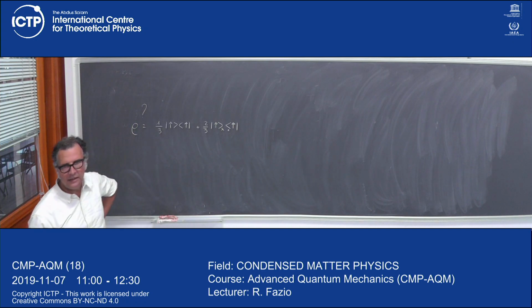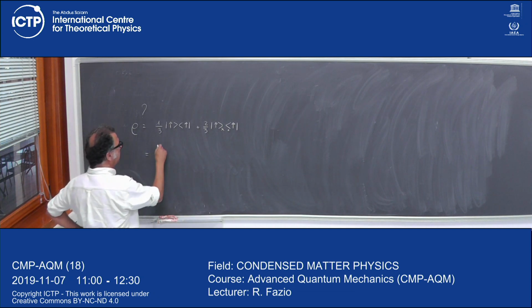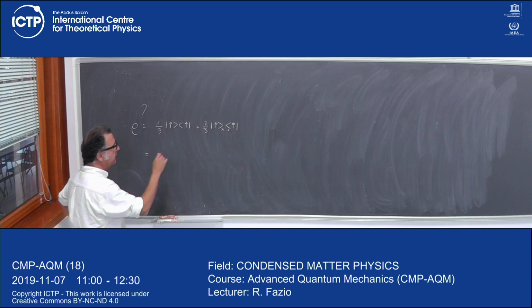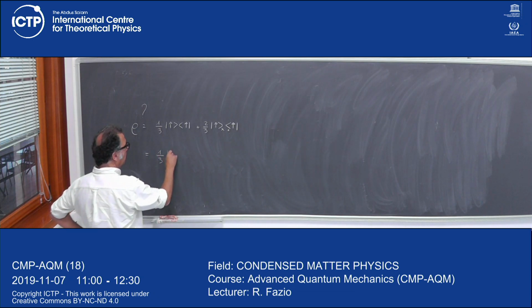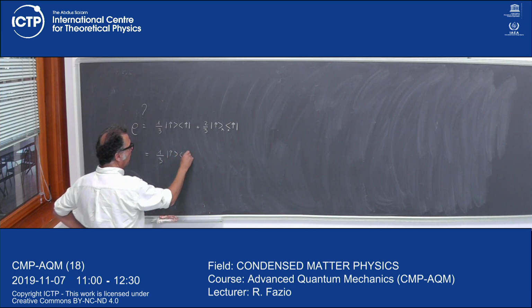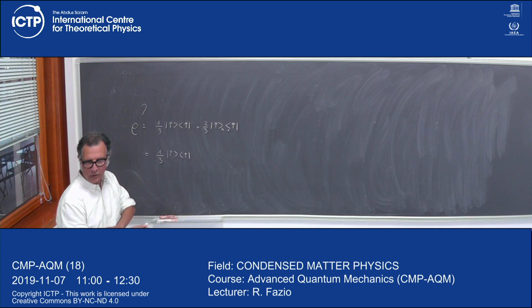So the question is, is this a good density matrix? Let's see. I want to write this as 1/3 up, up. When I write up without any index, I refer to the z direction.